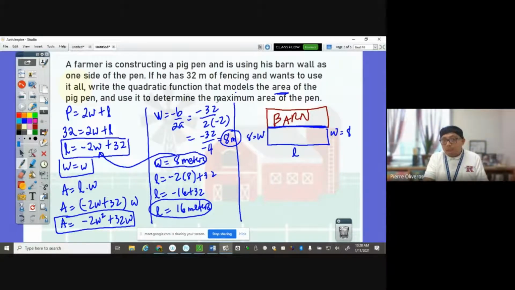But the question here is what's the maximum area? 8 times 16 is 128 meters squared, the maximum area of the pig pen.